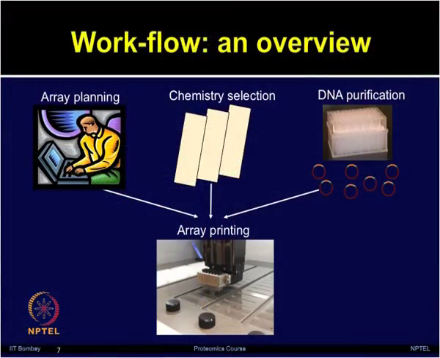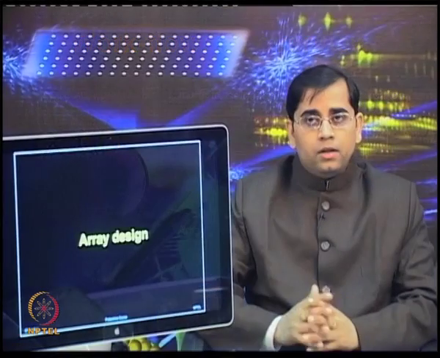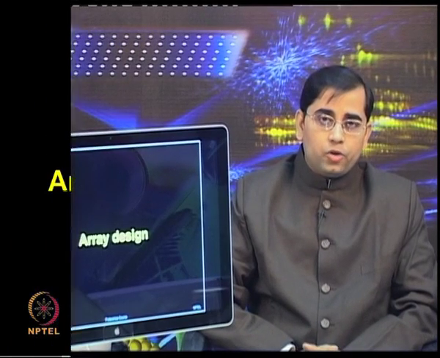What type of chemistry needs to be selected? How to purify the DNA. And once you have the slide functionalized and ready, and you have the DNA in the printing mix, then all you need to do is print those on a large number of slides, and you have chips ready for various applications. So, let us start with the array design first of all.